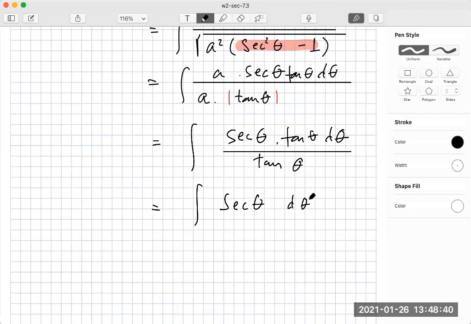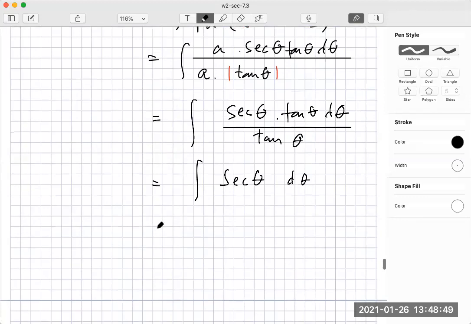Then what is the antiderivative of secant theta? Yes, natural log of secant theta plus tan theta. We've done that before, right? Plus c, where c is a constant.